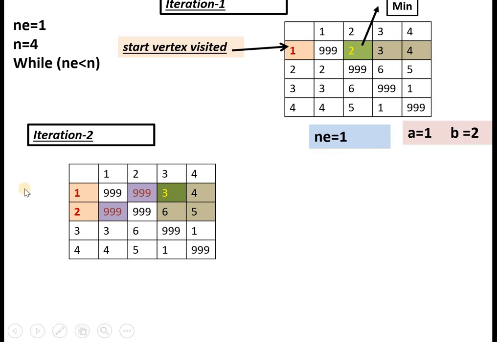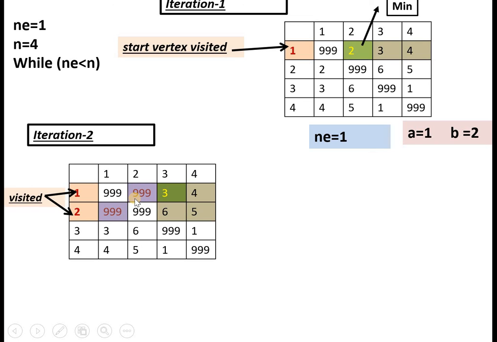Now in the second iteration, 1 and 2 are both visited. So you have to look for the minimum cost edge from both rows. Row 1 as well as row 2 is considered for finding the minimum cost edge. One thing you have to observe is that in the previous iteration you chose the edge (1, 2) as minimum, so that edge's cost is set to infinity, so that the same edge is not considered in the next iteration.